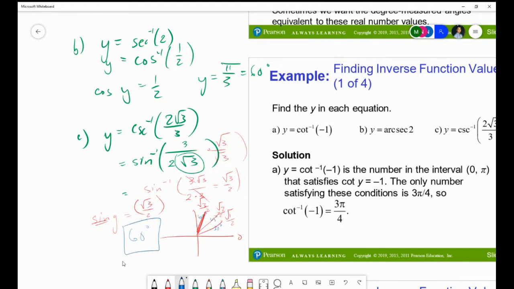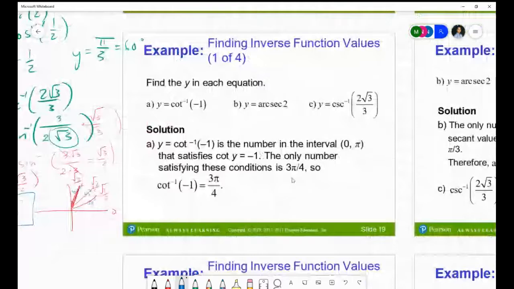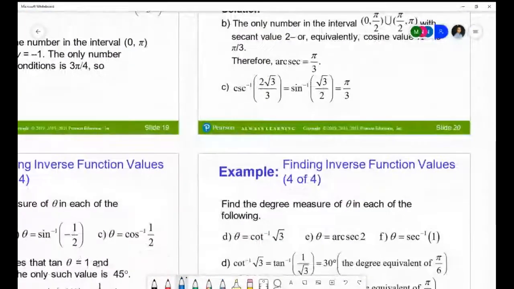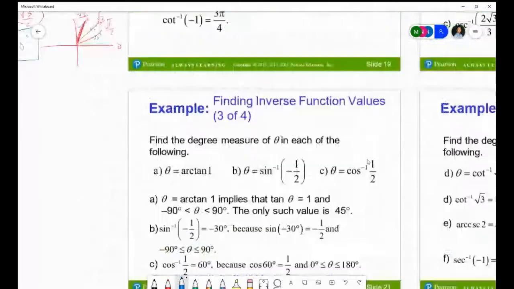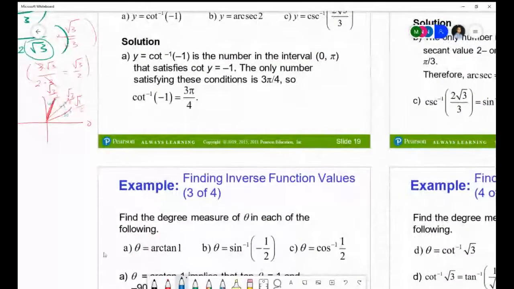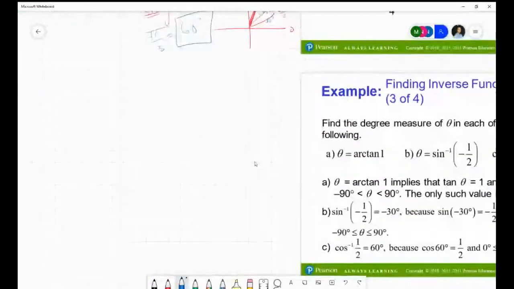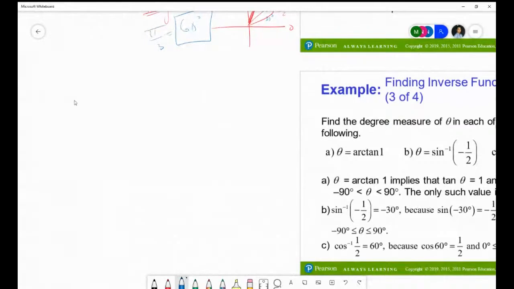So it's 60, or pi over 3. Okay, you need to memorize that. All right. Let's continue this one over here. Tangent.